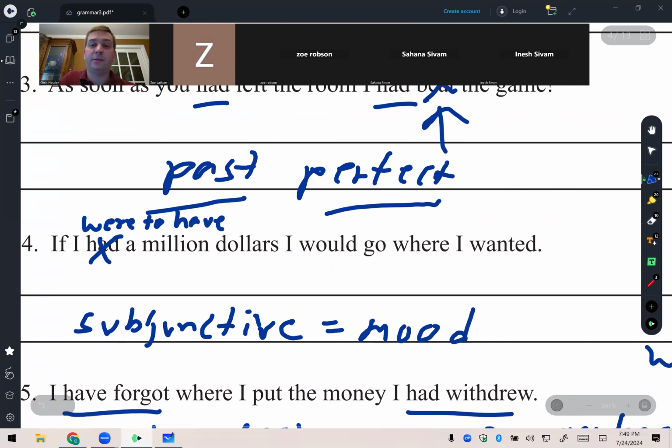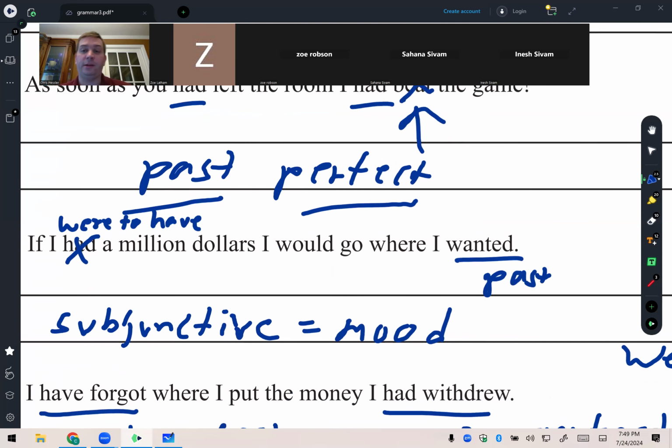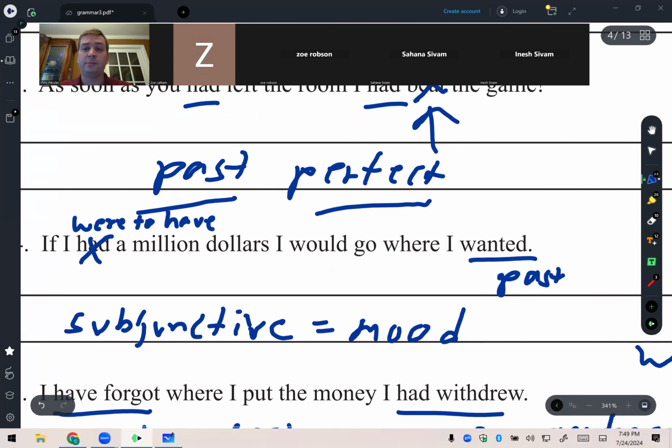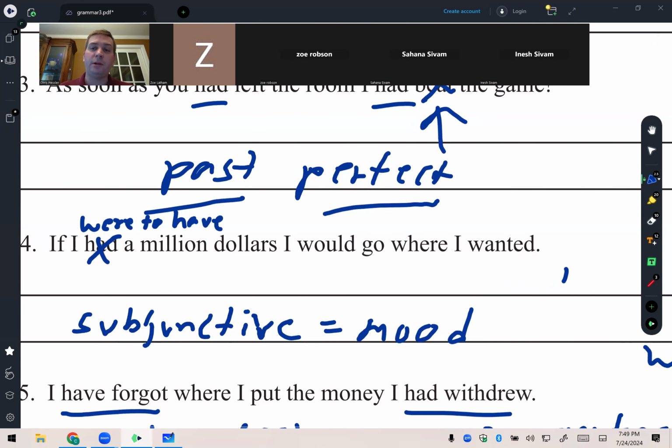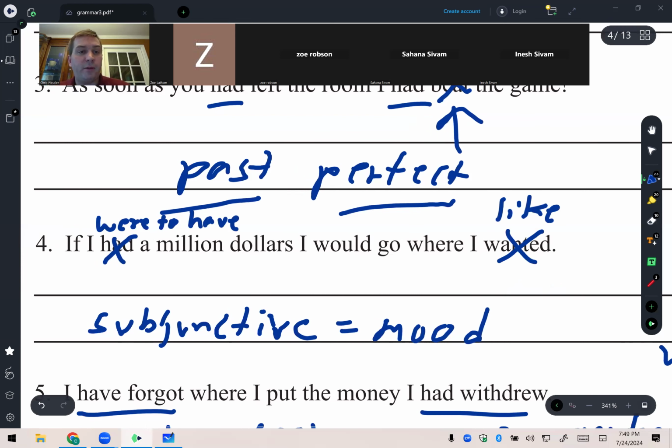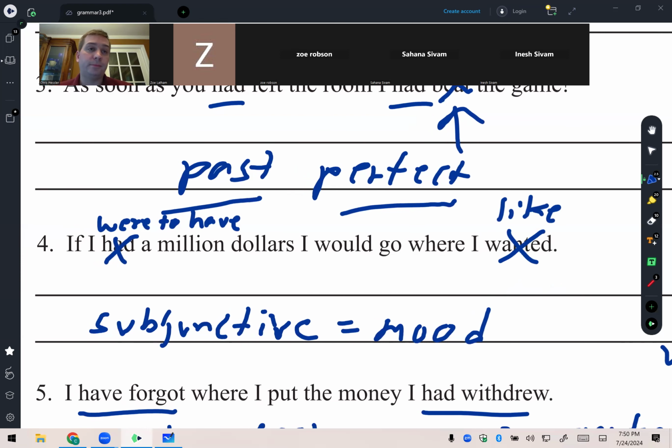This is past tense, but I'm not in the past tense. If I wanted something that happened before now, I wanted attention, I wanted affection. That occurred in the past, but we're not in the past tense. And I don't even think I prefer want here. I'd probably say like. If I were to have $1 million, I would go where I like.